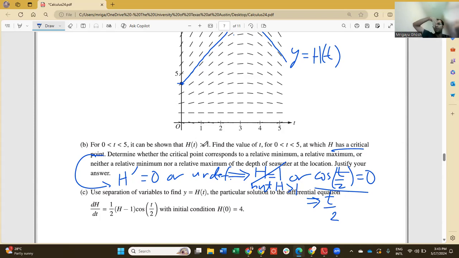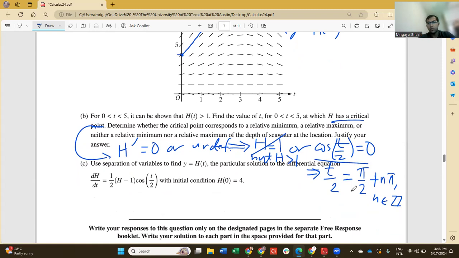So pi over 2, 3 pi over 2, 5 pi over 2, and so on. So t over 2 will be equal to pi over 2 plus n pi, where n is an integer. Okay. So then, of course, we can multiply both sides by 2 to get t is equal to pi plus 2 pi n, where n is an integer.